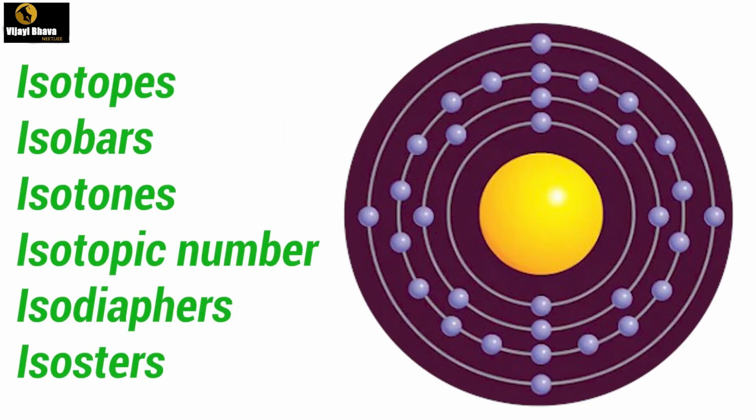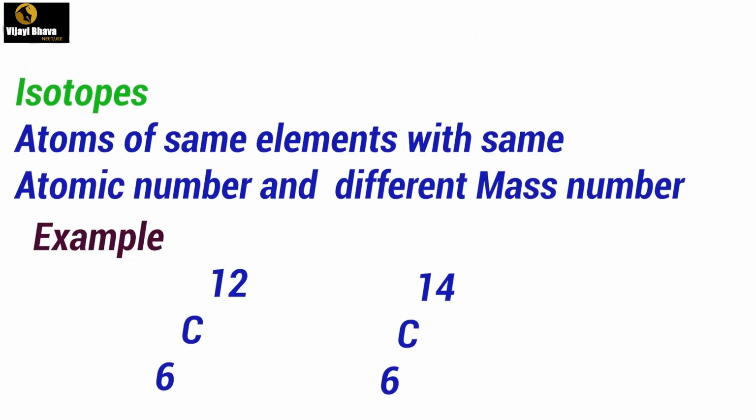Now, let us move on to an interesting topic wherein we can learn about isotopes, isobars, isotones, isotopic number, isodiaphers, and isosters. I start with isotopes. Atoms of the same element with the same atomic number but different mass numbers are called isotopes.